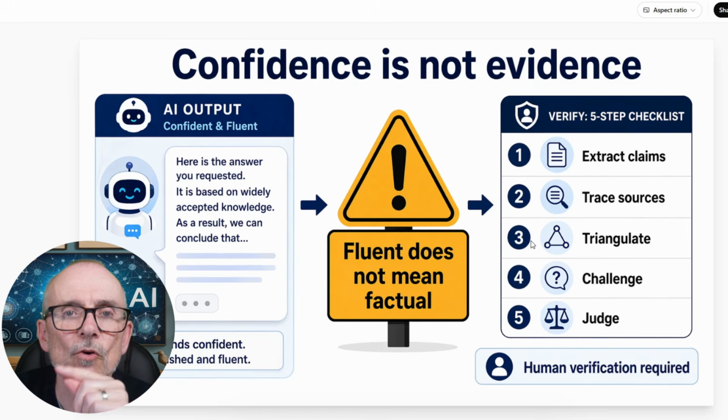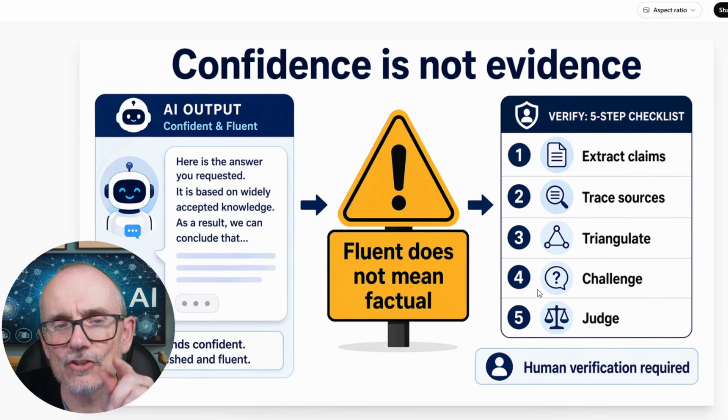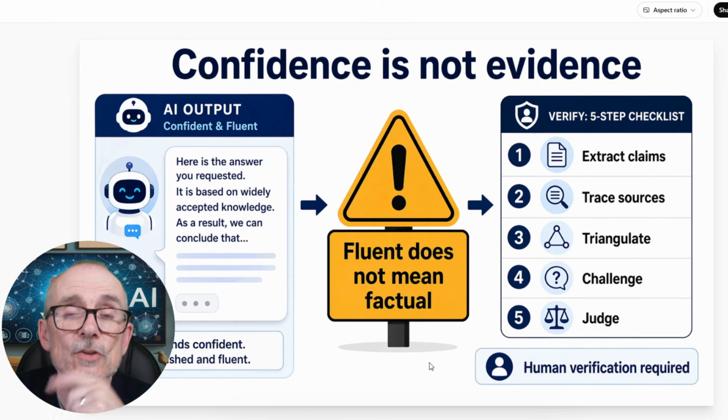Triangulate. Is there more than one version of that evidence? Challenge. Okay, look at it again. Check that it's absolutely right. Look at it from a different perspective. Judge. That's the human bit. Does it make sense? Because if you put it out under your name, you're responsible for it.